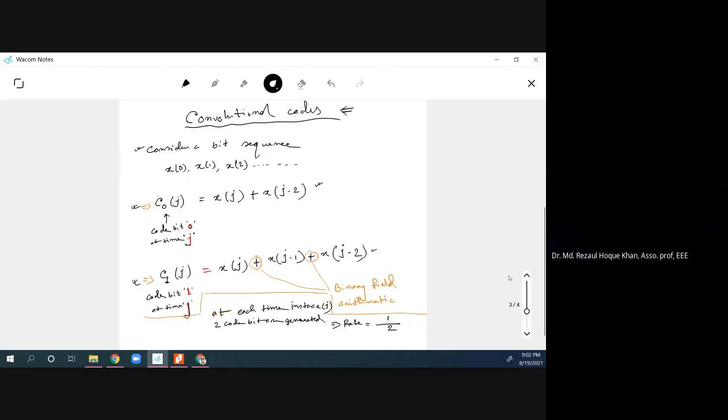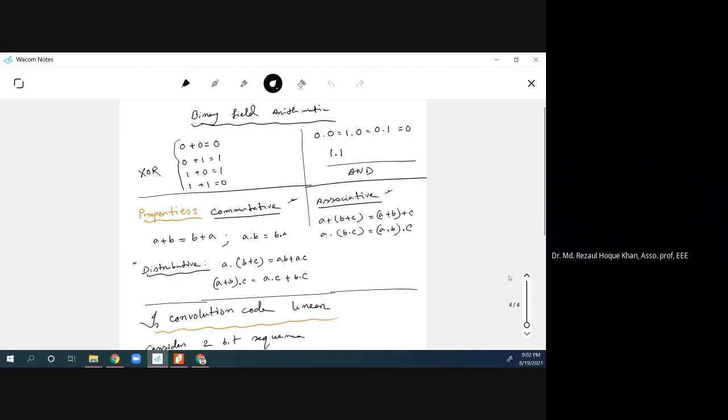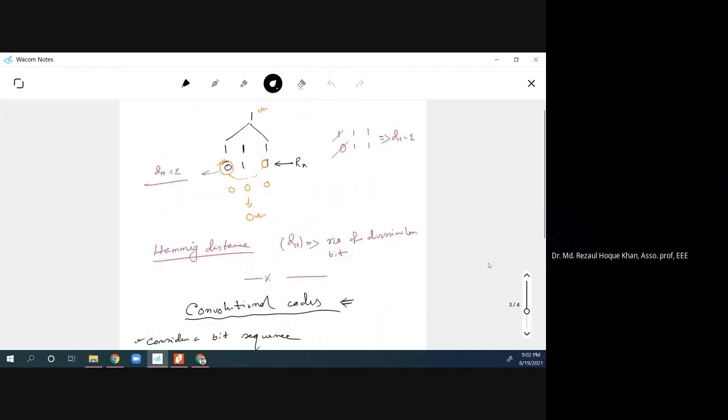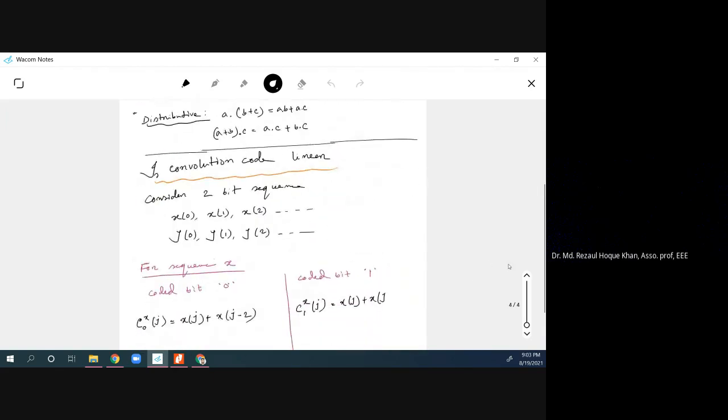So c1 of x at time instant j is nothing but xj plus xj minus 1 plus xj minus 2.